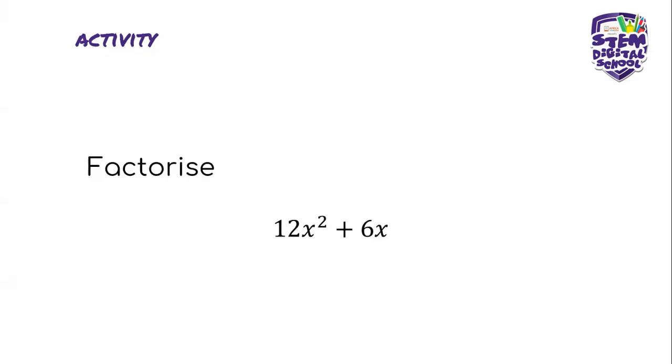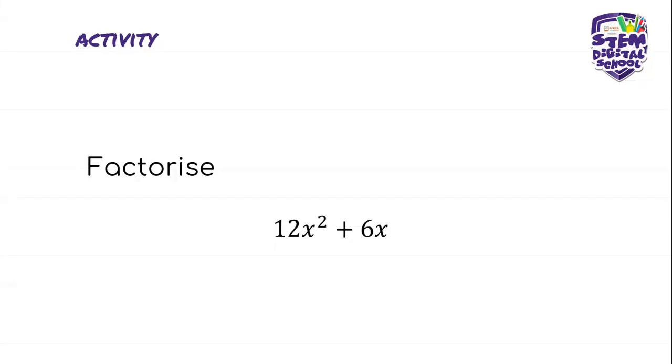How are we going to factorize this? Now, you need to be able to move from the original expression to the factorized expression, but at the same time, you must be able to move from the factorized expression to the normal expression. So in this case, we have the normal expression. All that we need to do is factorize.